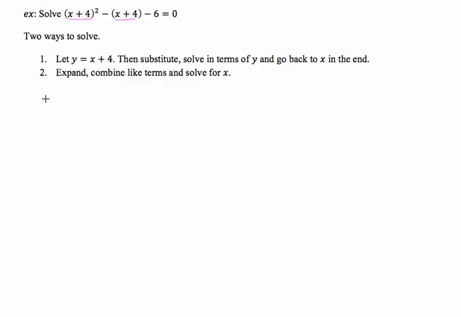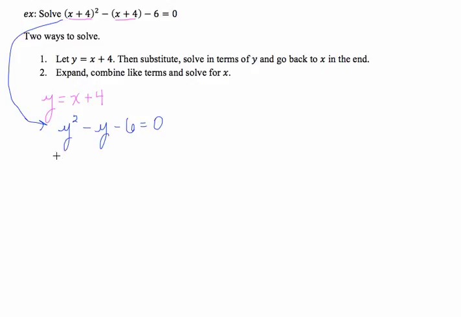I'm going to call it y, but you can call it anything really. I'm going to let y equal x plus 4, and then I'm going to rewrite this equation in terms of y. If y is equal to x plus 4, then this is equivalent to y squared minus y minus 6 equals 0. So what I'm going to first do is solve this for y, and then I'll come back to this to solve for x, which is what we really want.